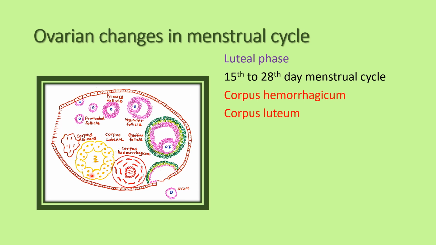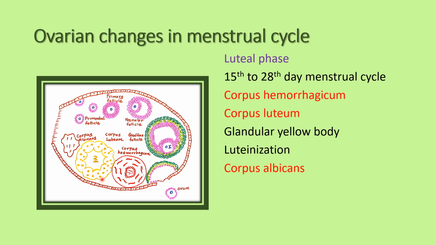The granulosa lutein cells produce progesterone and theca lutein cells produce estrogen. So the corpus luteum acts as an endocrine gland. Progesterone is important for maintaining the pregnancy. If fertilization does not occur, the corpus luteum is converted to scar tissue, called the corpus albicans.